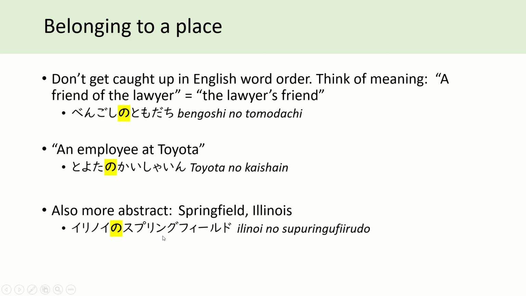And we can say this for any city-state combination. So in Japanese, it's basically big no small. So West Virginia no Huntington desu. Indiana no Indianapolis desu. Michigan no Detroit desu. And so on and so forth, for all sorts of different cities.